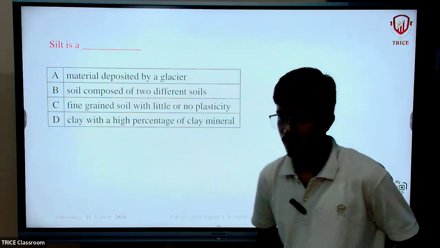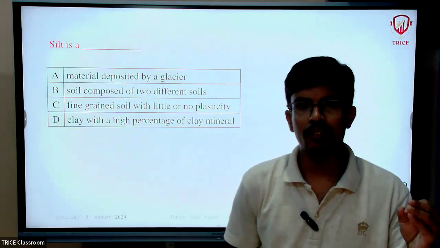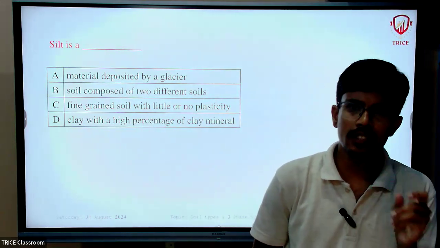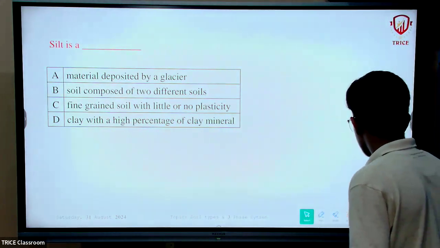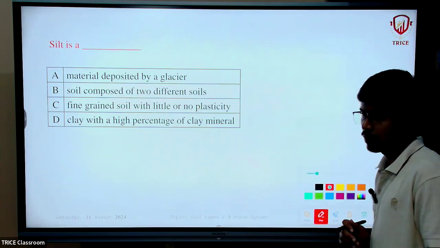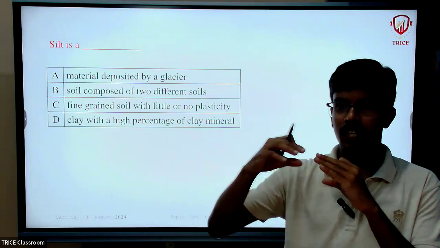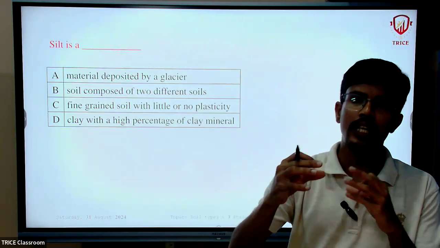Next we have the silty soils. We have gravelly soils, silty soils, sandy soils, and clay soils, and this is the difference. Silt can be defined in terms of grain size. The particle size always starts from the larger particles, gravel, then sand, then silt and clay.